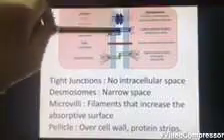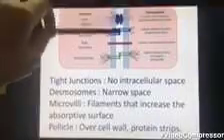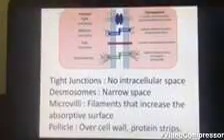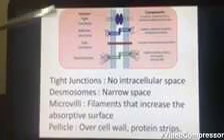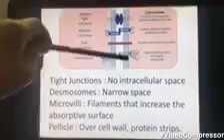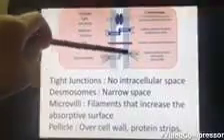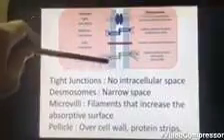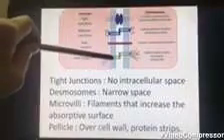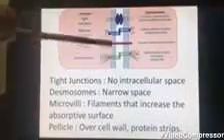Means there is no gap, there is no space between these connections. So these kinds of junctions are called tight junctions. Whereas here you can see desmosomes. In desmosomes, there is a narrow space between one cell to other cell because of the presence of some kinds of protein.